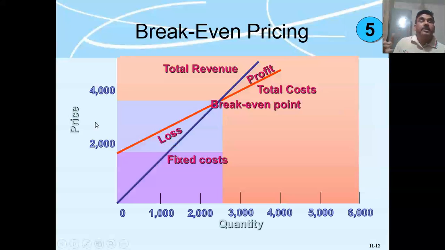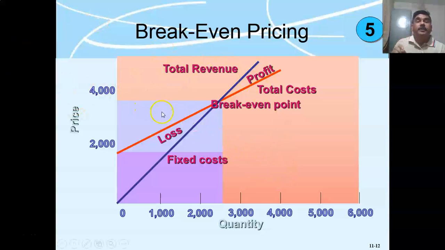Then another one is the break-even pricing concept. In this concept, the seller has to decide at what price of a product and what production units they will reach a break-even point, with no profit and no loss. Here on your screen there is a particular paragraph.